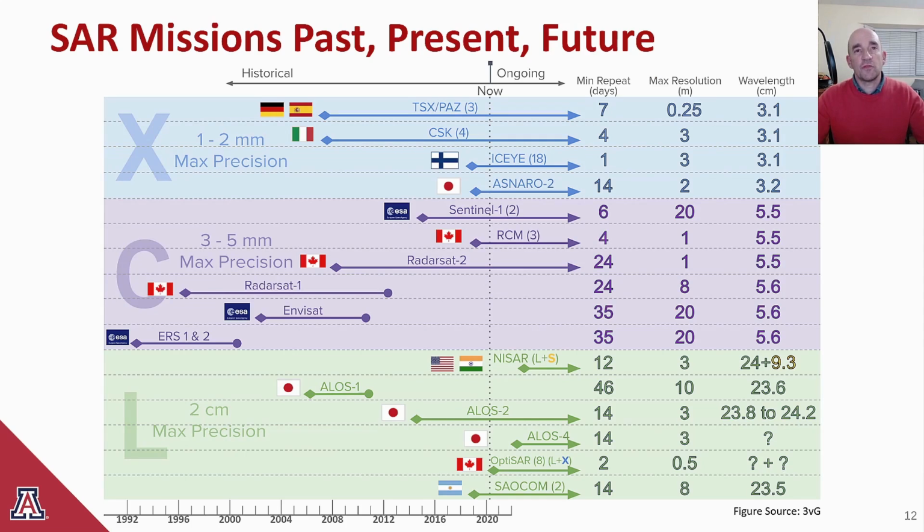Let's also revisit our SAR satellite chart and talk more about sensitivity to displacement, which is synonymous with measurement precision. As I mentioned, the available precision for displacement measurements is first and foremost a function of the wavelength. For standard InSAR, X-band data at 3 centimeters has an available precision of 1 or 2 millimeters.